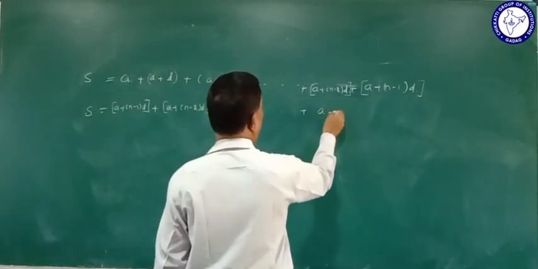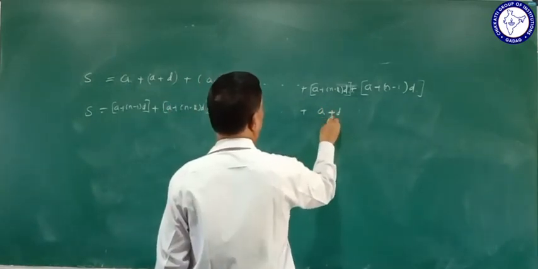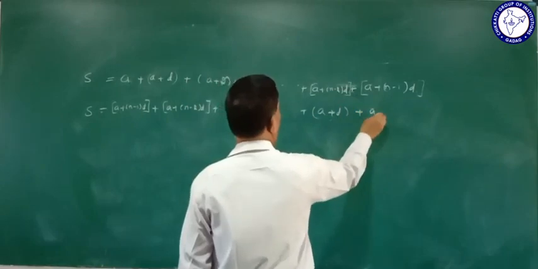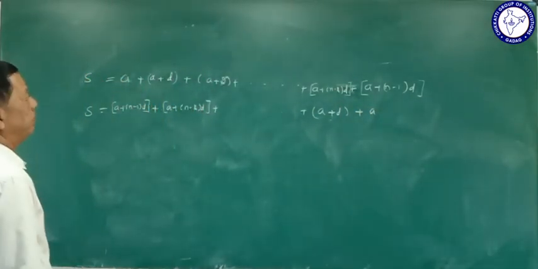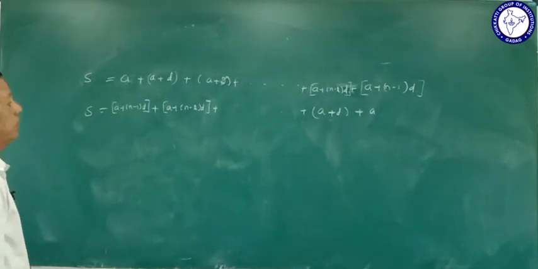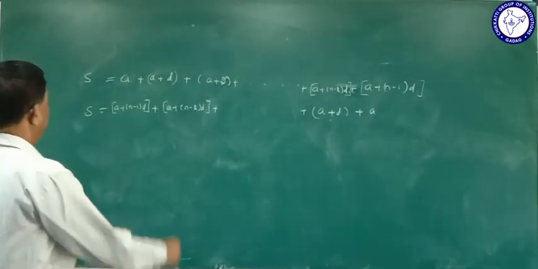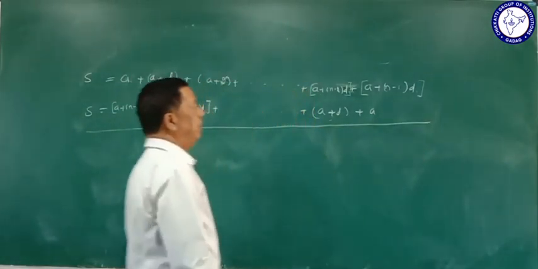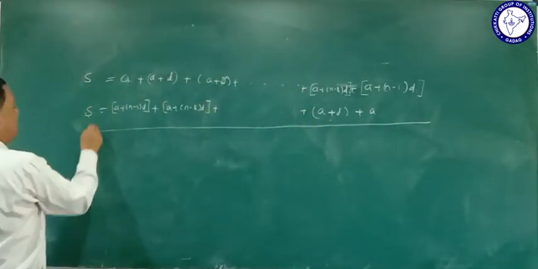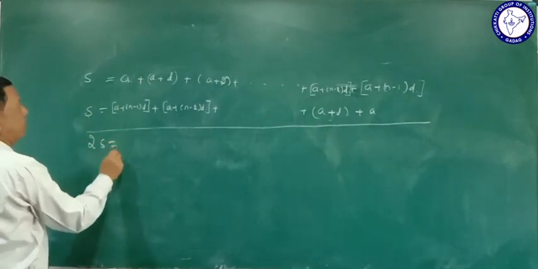First it comes A plus D and plus A. What reverse order? Reverse order you have written. That is A plus D, like that. So again he added like the previous one. What we have got? S plus S is 2S.